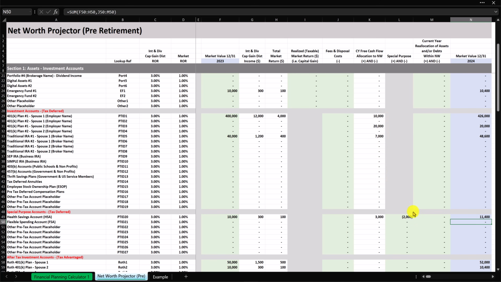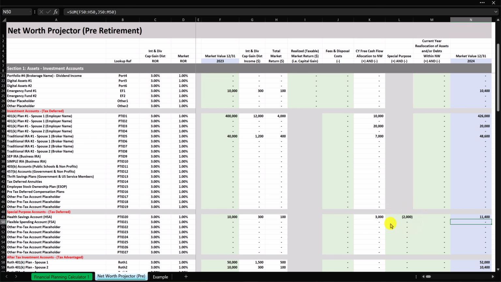However, when it comes to special purpose accounts, this money right here will not get taxed when it comes out of the account, provided it is used for the purpose for which the account is intended. So for example, an HSA is intended for healthcare or medical related expenses. Provided you take this distribution for that purpose, then this amount will escape taxation completely. It will not be taxed on the way into the account, and it will not be taxed on the way out of the account.